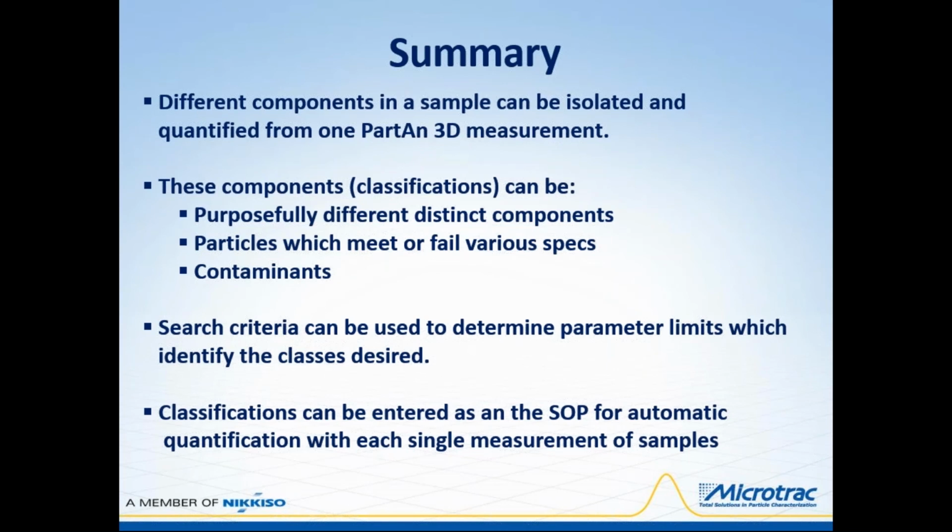Search criteria in the software can be used to determine parameter limits which identify the classes desired. These classifications can then be added to the SOP for automatic quantification and reporting.